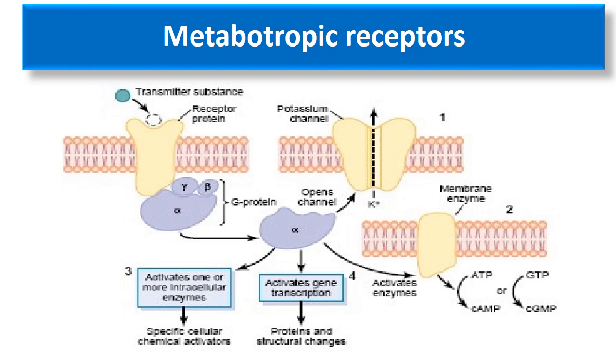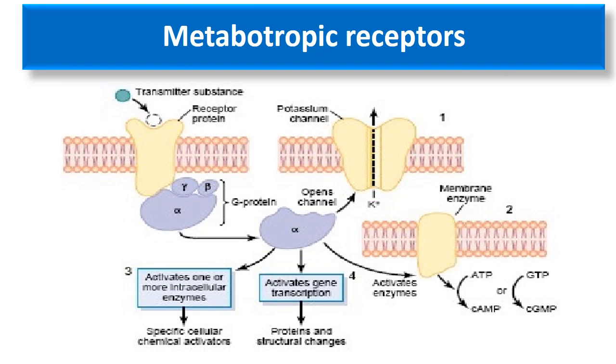Once the neurotransmitter comes and binds, the G protein gets activated, which has three subunits: alpha, beta and gamma. Once it gets activated, the alpha subunit is detached from this complex, and now it performs a number of actions.